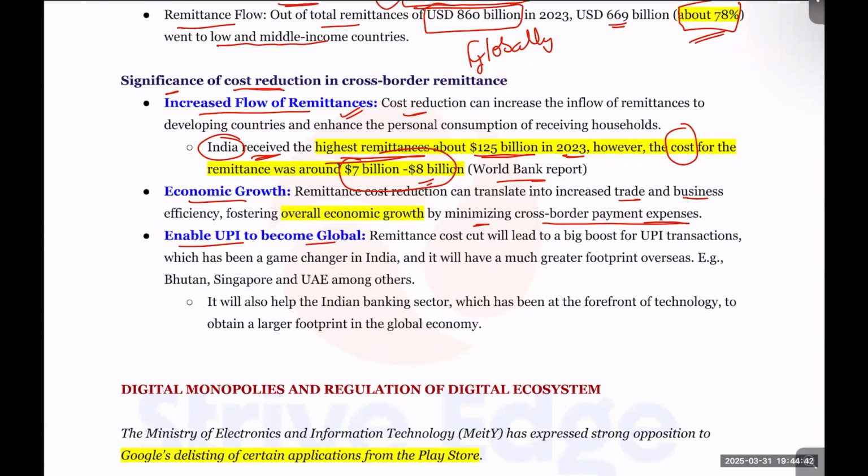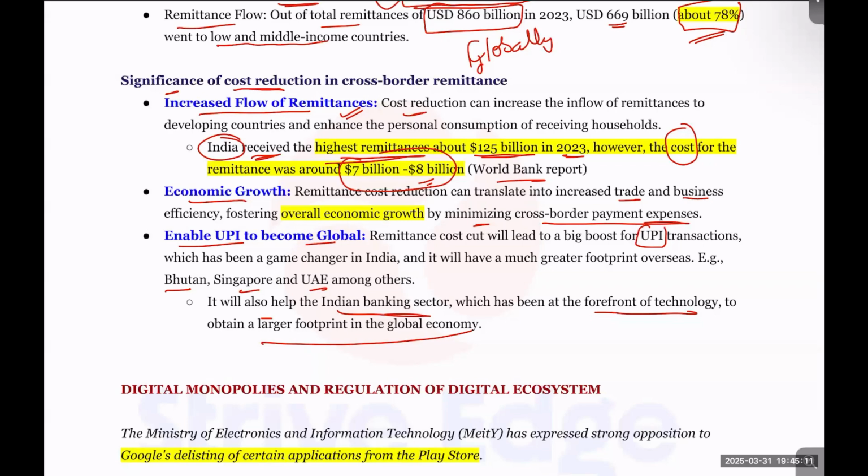Why? Because we in India are launching UPI networks throughout the globe, and we have already launched UPI in Bhutan, Singapore, UAE, etc., in order to promote transactions in the Indian rupee. So it will also help the Indian banking sector, which is at the forefront of technology, to obtain a larger footprint in the global economy.